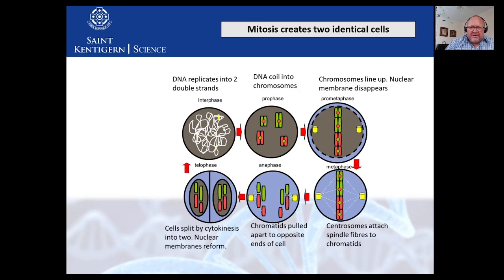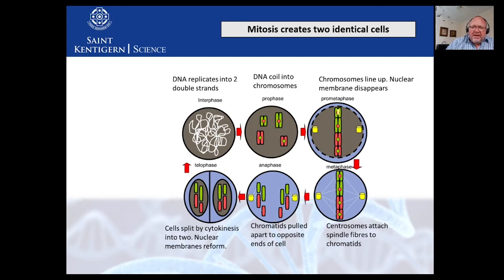The longest part of the cell's life is going to be in this phase where you don't see the DNA. It's just doing its thing, making proteins, growing, doing what it's supposed to do. And then when it's become too big or too old, it needs to divide, and it says, okay, DNA, now you condense and we can see them, and then we replicate our DNA. And you can see there, now we have two copies of the same chromosome, but we still call it one chromosome because they're attached.